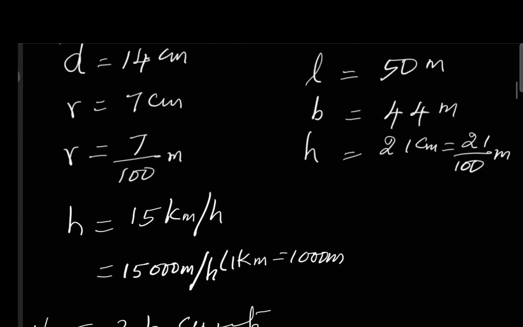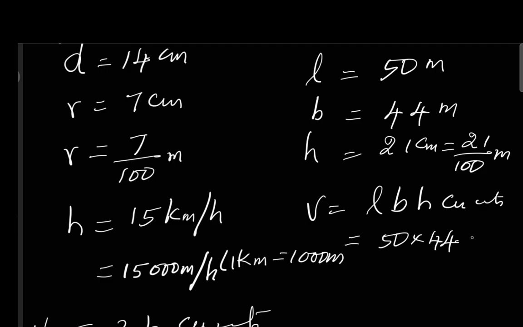Next you find the volume of the rectangle. V is equal to LBH formula, cubic units. So L is 50 and B is 44 and H is 21 by 100, meter cube.